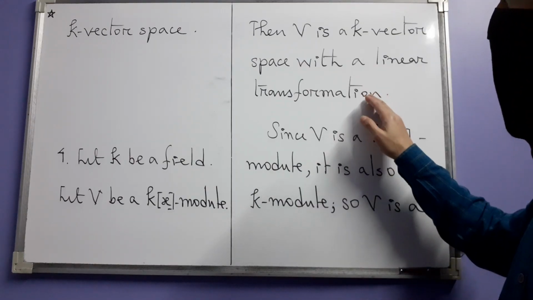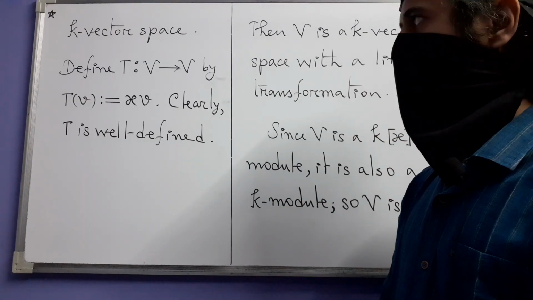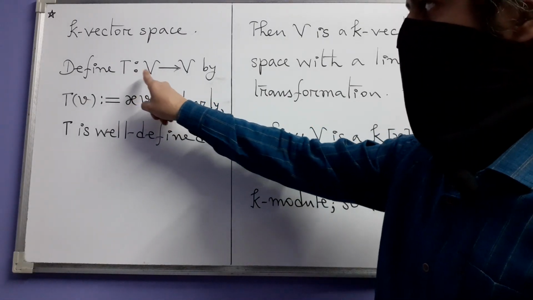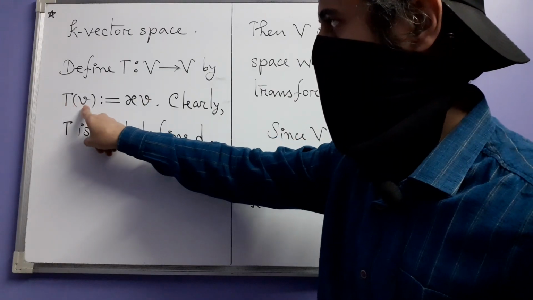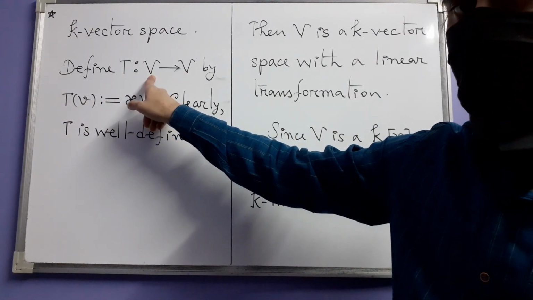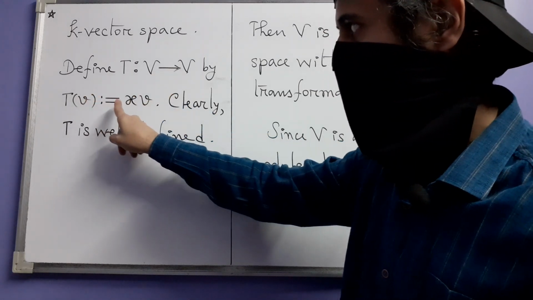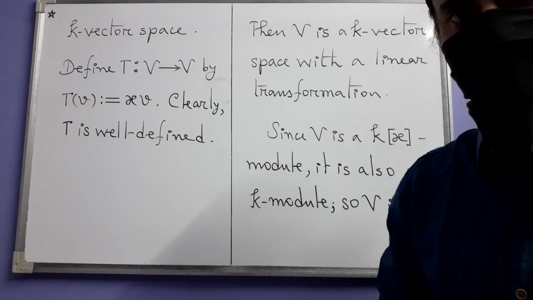However, what is this linear transformation? Where is that coming from? You define a function T from V into V by this rule. T of v, this small v is a vector coming from the vector space V. T of v by definition is this product xv. What is that product, however?